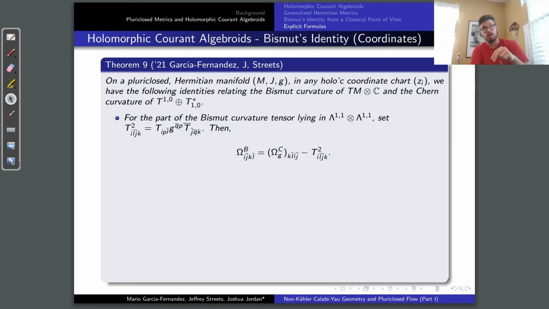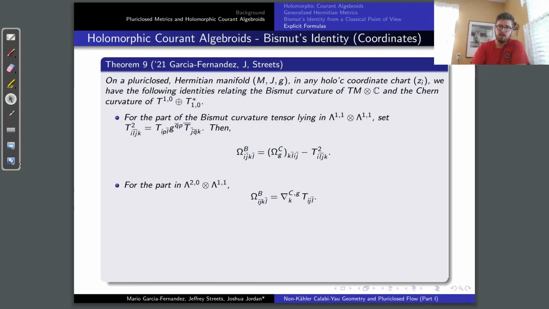This is the Chern curvature on the complexified tangent bundle minus T squared, something that's quadratic in the torsion. For the 2,0 part of the Bismut curvature, it's really just the Chern connection covariant derivative of the Chern torsion.